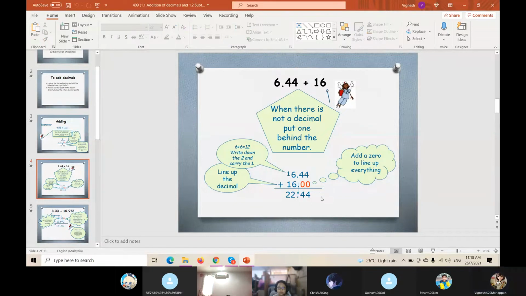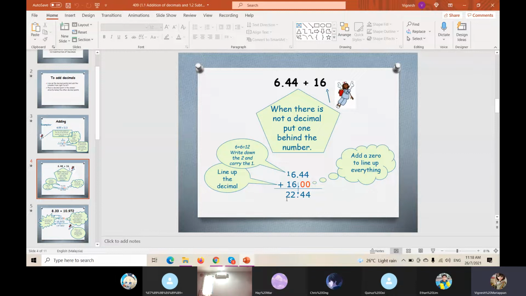As usual, you have to start the working from your right. 4 plus 0 is equal to 4. Again 4 plus 0 is equal to 4. So 6 plus 6 is equal to 12. Write the 2 down and then carry the 1 here. So 1 plus 1 is equal to 2.